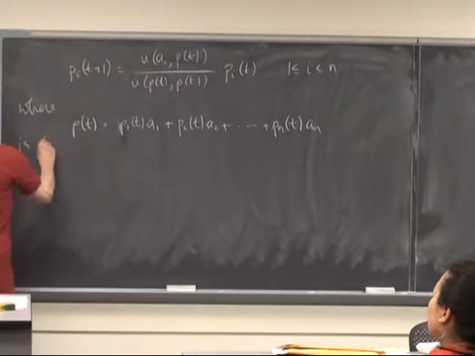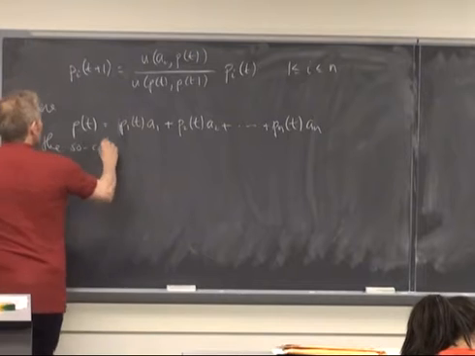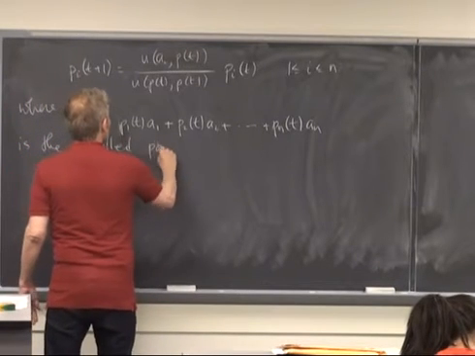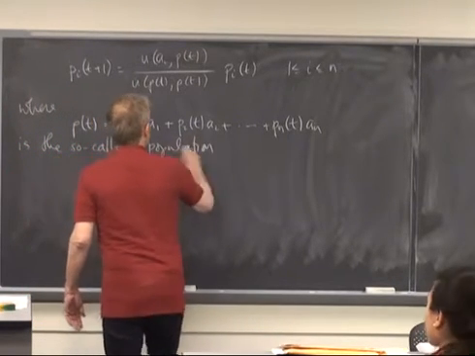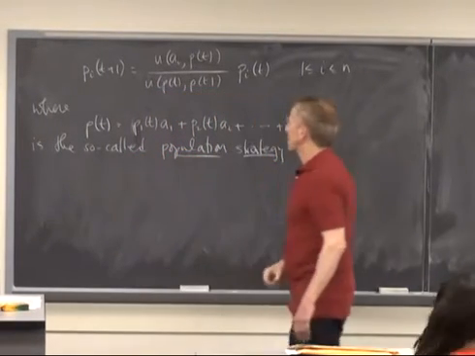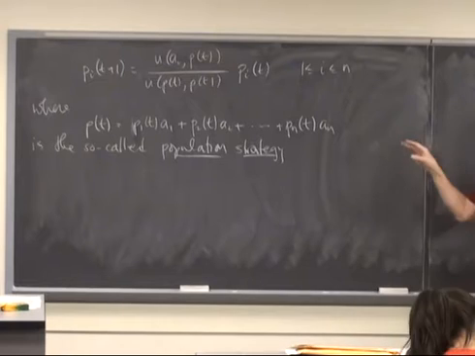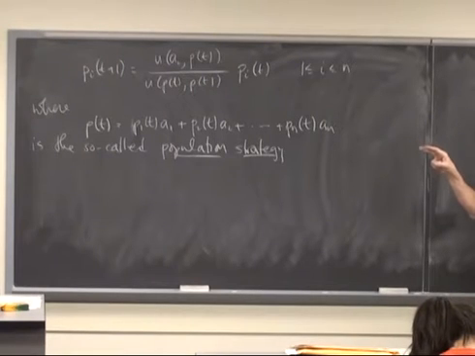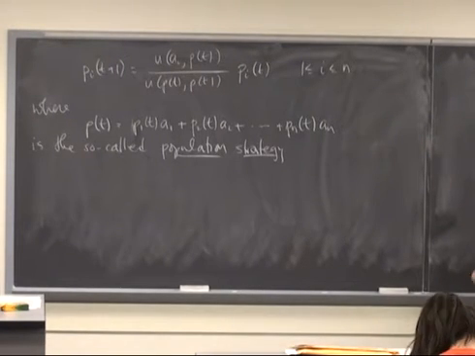And this is the so-called population strategy. And I want to emphasize that in this setup, nobody is playing this strategy. Everybody's just playing a fixed pure strategy all the time.